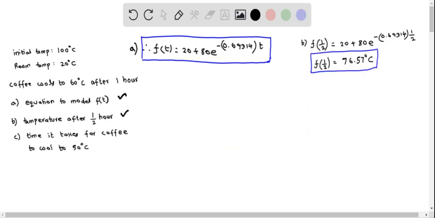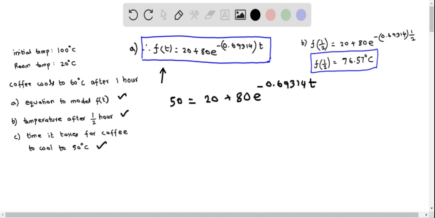We will now determine the time it takes for the coffee to cool to 50 degrees centigrade. So this basically means that we have to replace f of t by 50 and solve for t in this equation. So let me do that. I replace f of t by 50. This gives 50 equals 20 plus 80 times e raised to the power of negative 0.69314 times t. That is, we keep the t as it is.